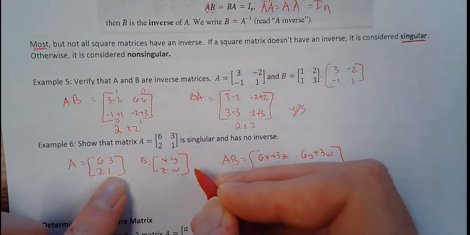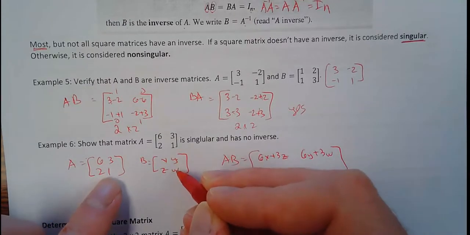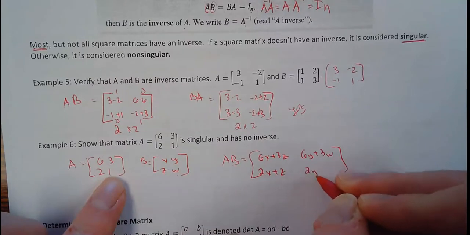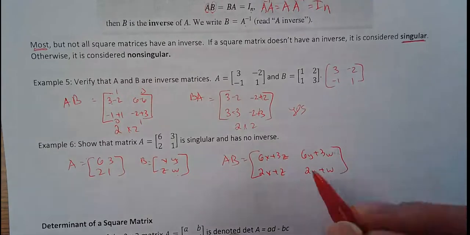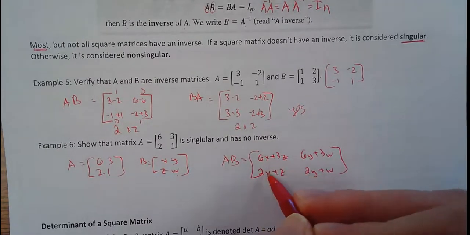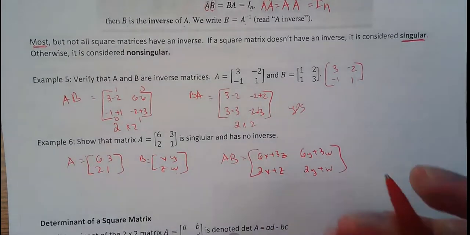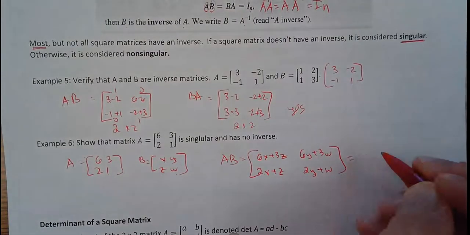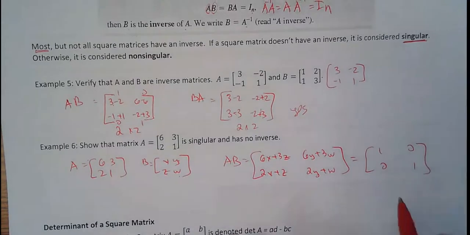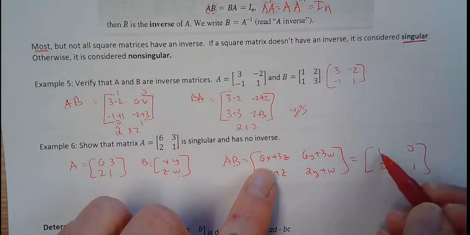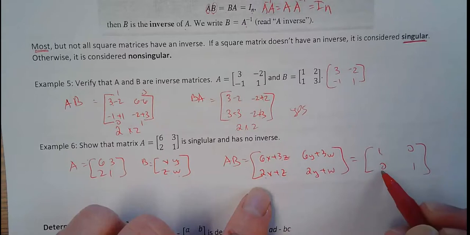And then 2Y plus W. If you look, kind of line these up here, I've got XZ, XZ, YW, YW. So this is supposed to equal 1, 0, 0, 1. So 6x plus 3z should equal 1, but 2x plus z equals 0.